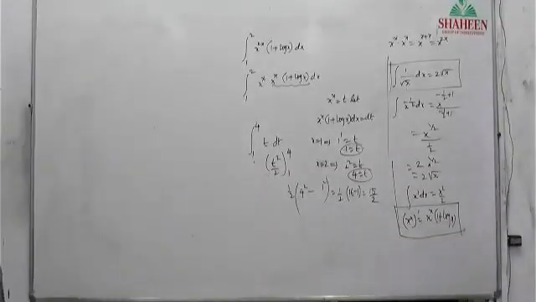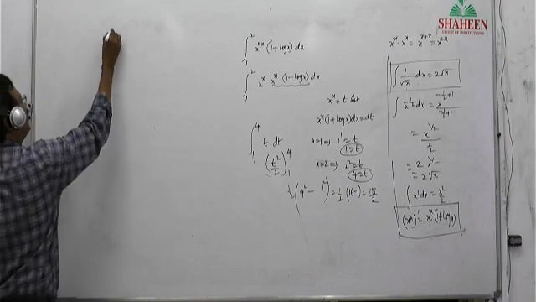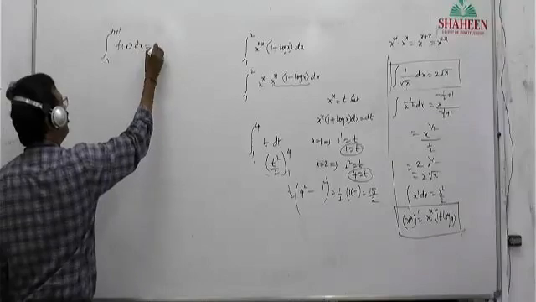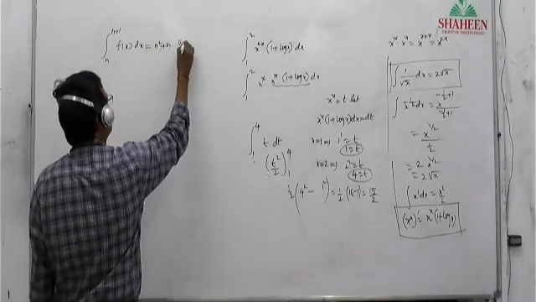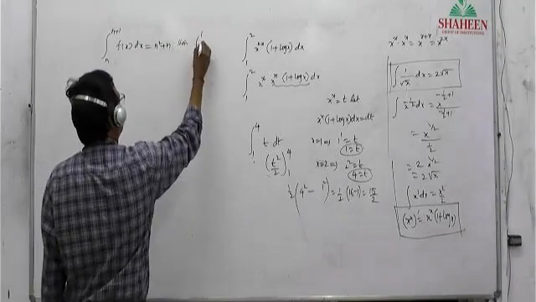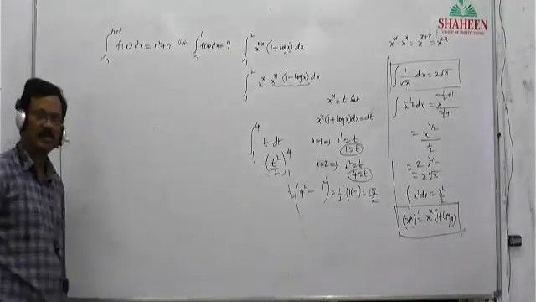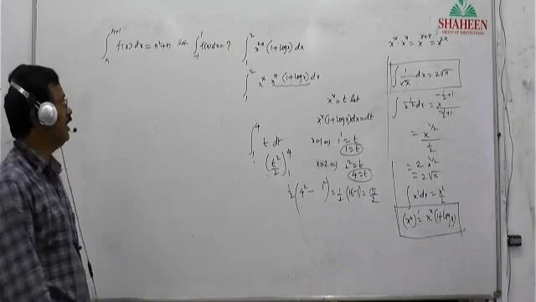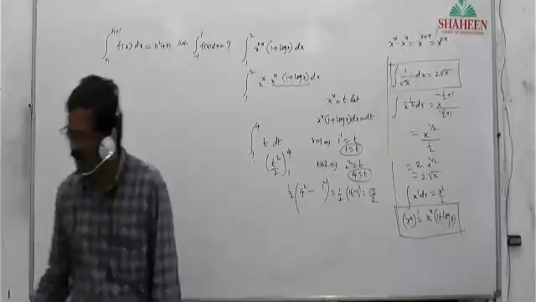Right, now I am telling one different problem. This is the integral from n to n plus 1 of f x dx. They have given n square plus n. Then what is the integral from minus 1 to plus 1 of f x dx?